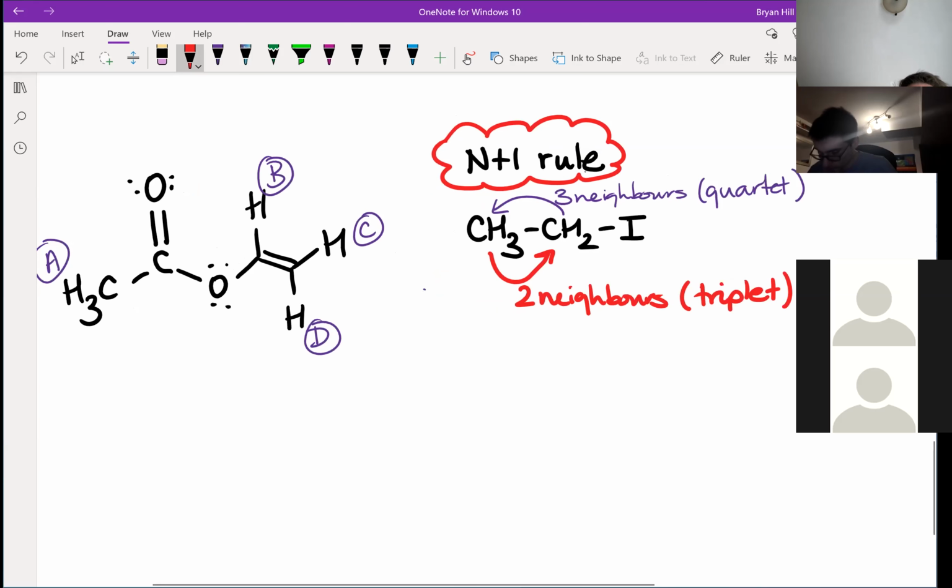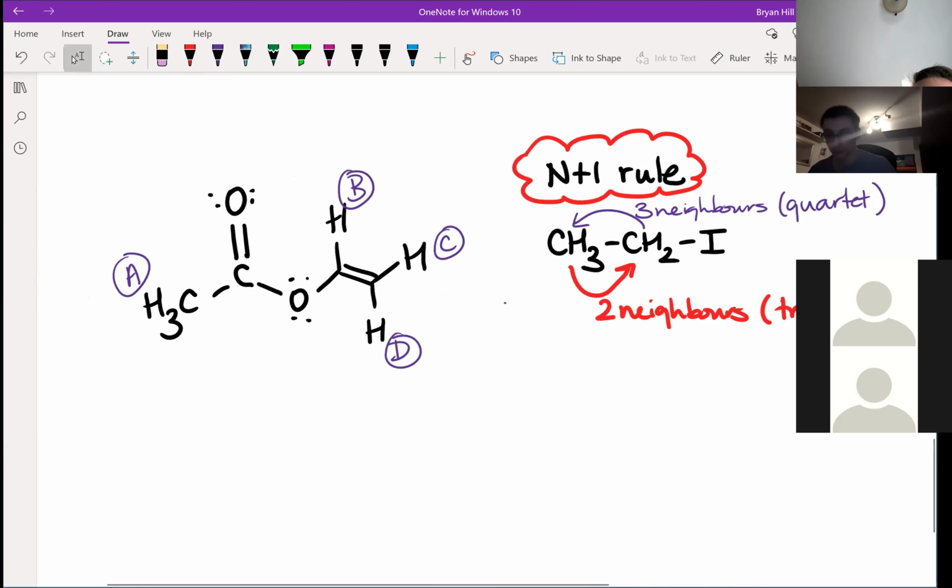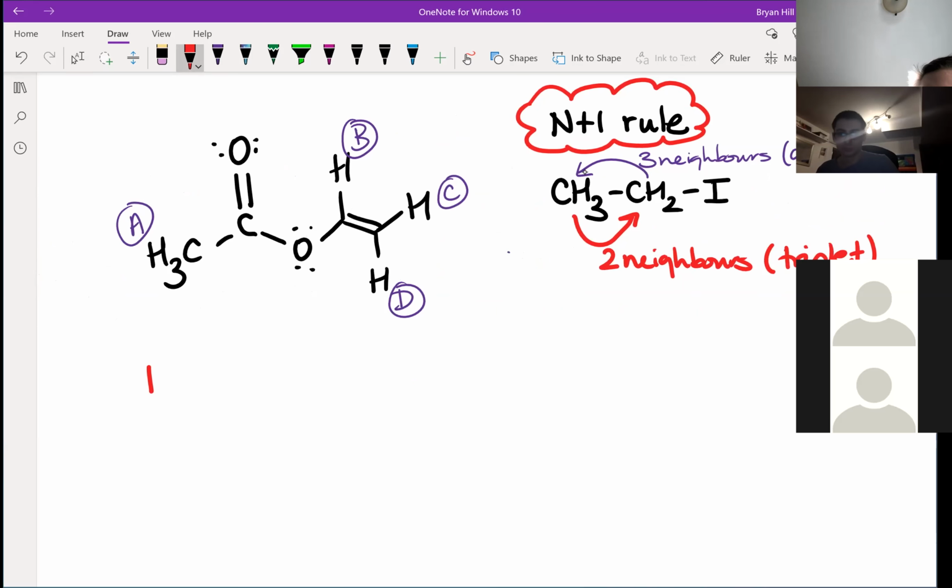But what we haven't discussed is that if you look at proton HB over here, how many neighbors does it have? Looks like 2.